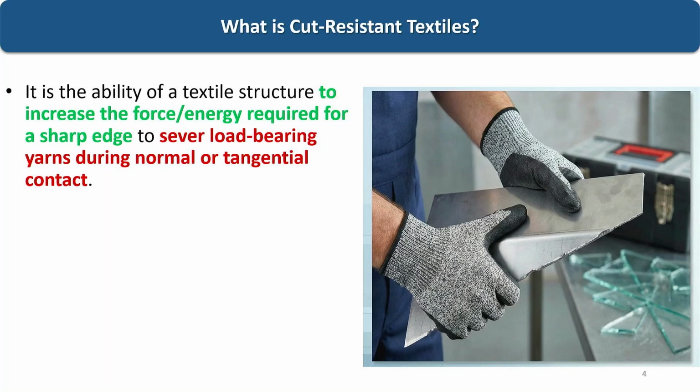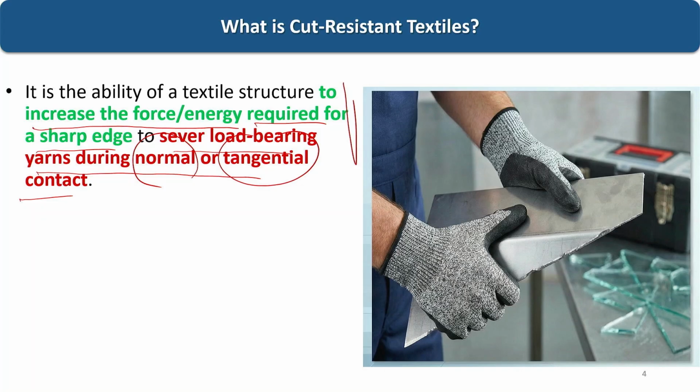Here we need a special ability in the textile structure: the ability to increase the force or energy required for the sharp edge to sever the load bearing yarn during normal or tangential contacts. There are typically two types of contacts, one is normal contact, another is tangential contact.